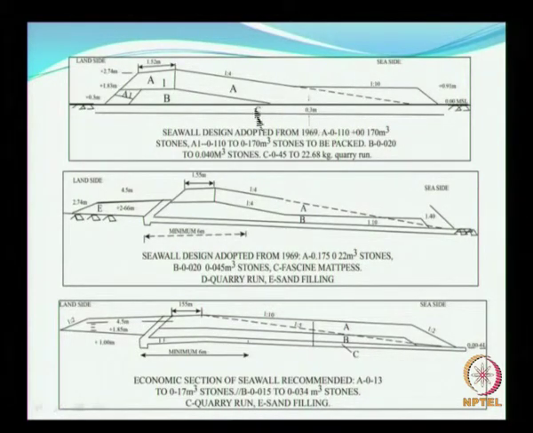Initially this will go, and then the progress will be again towards the land side, and the entire structure can fail. Although the seawall was standardized, most of the seawall, as I said, along the Kerala coast has been experiencing continuous erosion, and at several stretches the entire seawall itself has disappeared.